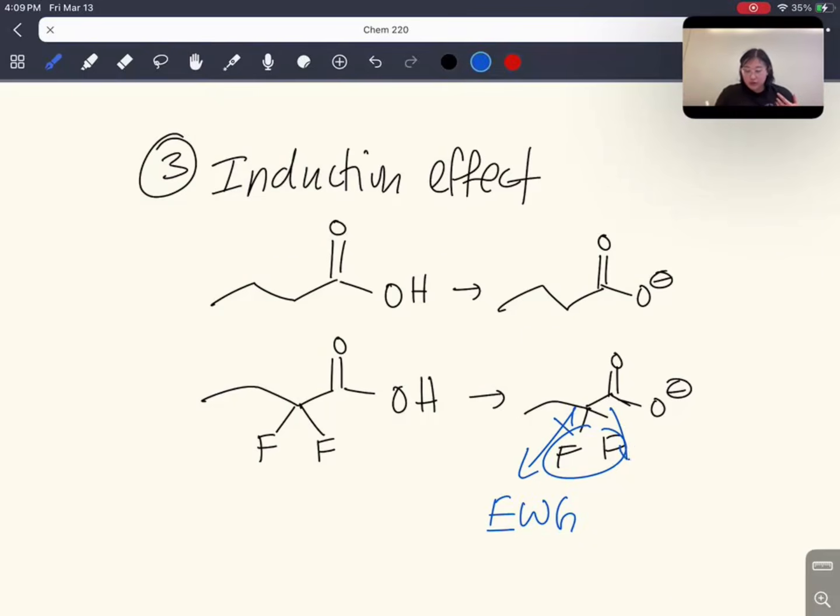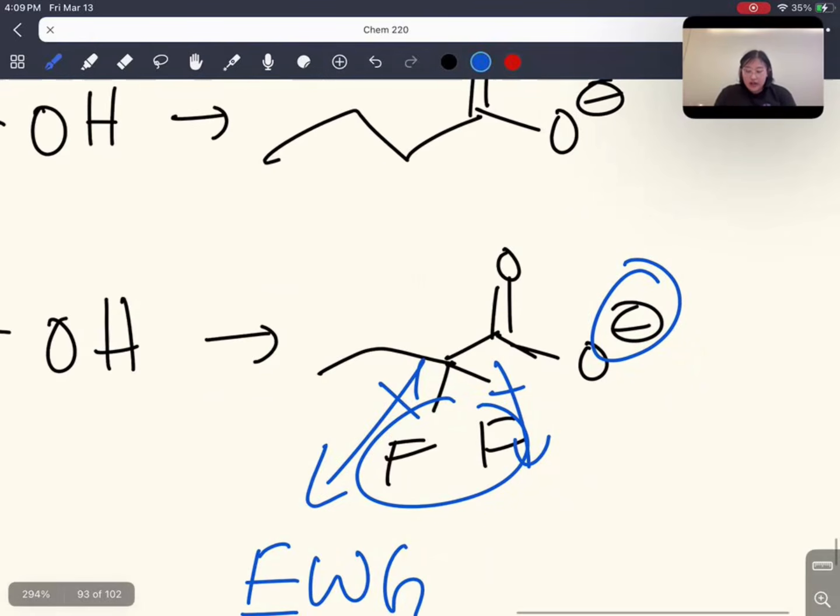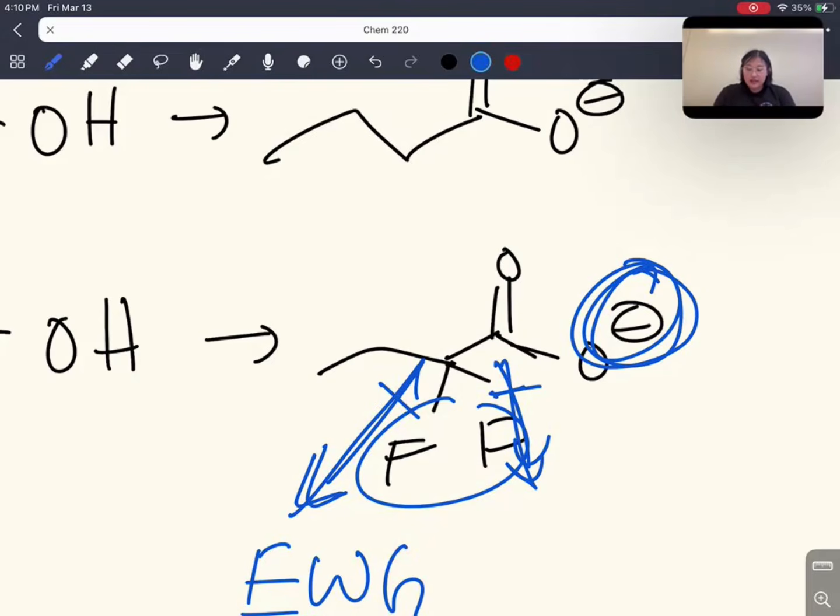So that is good for this minus charge, because imagine we have a whole bunch of minus charge attached to this oxygen. Sure, we have resonance that can disperse that minus charge, but on top of that, we also have these fluorines that can help pull away that dense negative charge from these two oxygens.